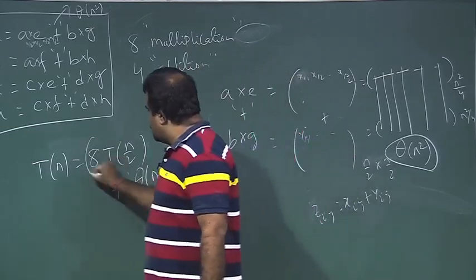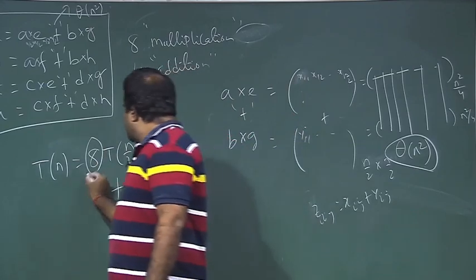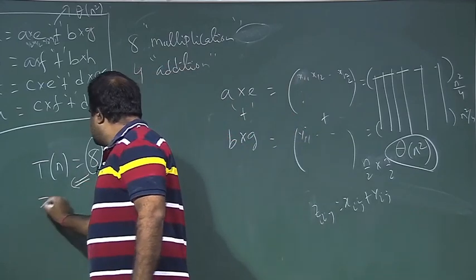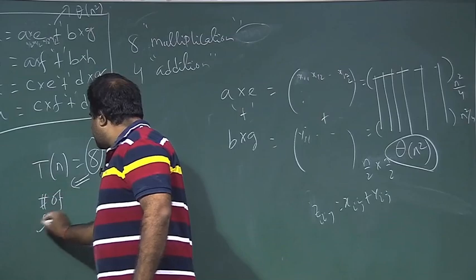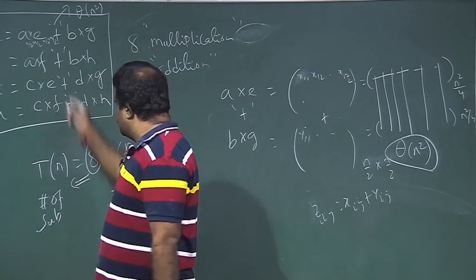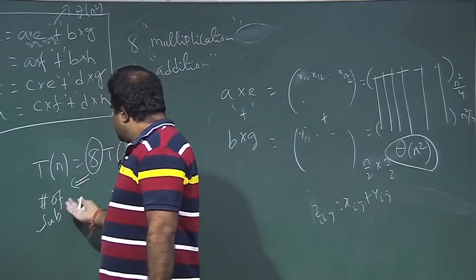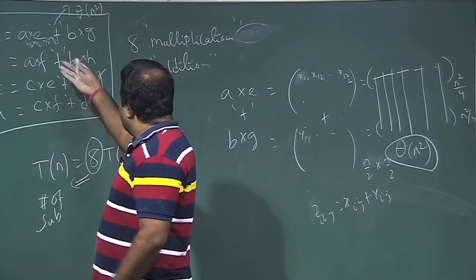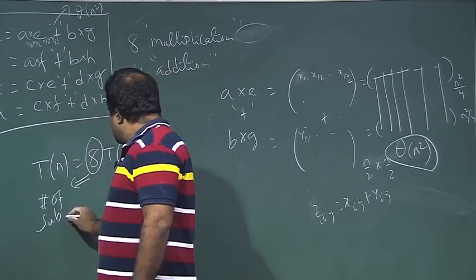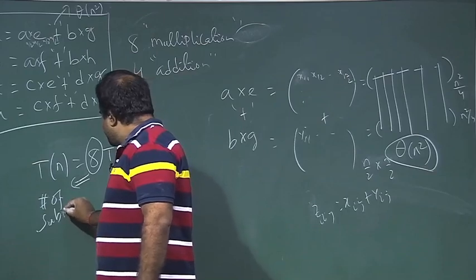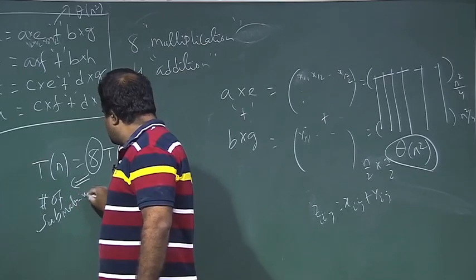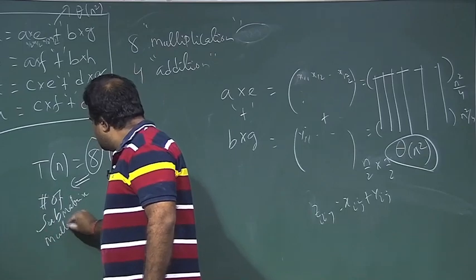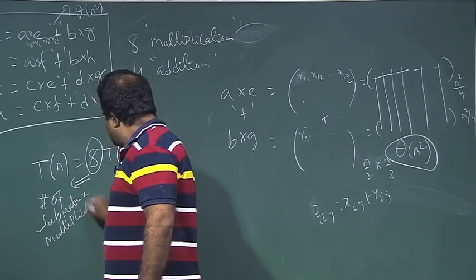So, this is the recurrence for matrix multiplication using this divide and conquer technique. This is the number of submatrices; we have 8 submatrix multiplications.